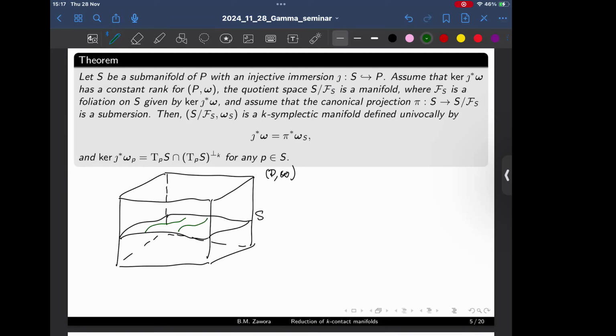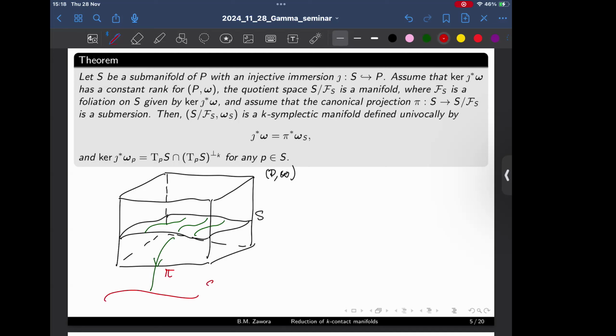Here we have some foliation induced by the distribution given by the kernel of ω pulled back to S, and then we can reduce with this π.